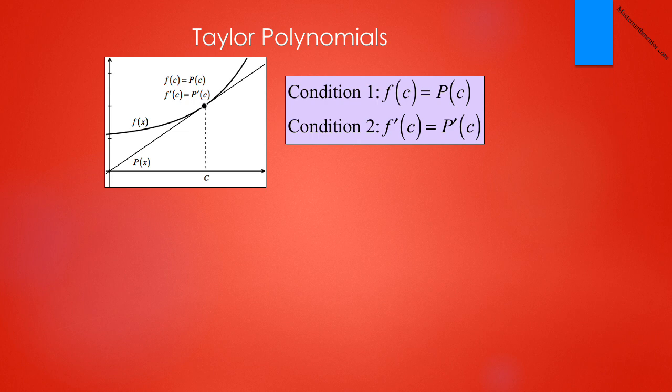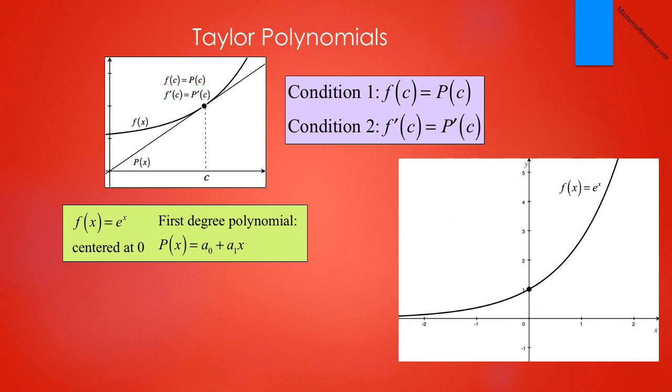In addition, at c, the derivatives, the slopes of the tangent lines of the two functions, must be the same. That is, f prime of c is equal to p prime of c. If that is true, we say that the approximating polynomial p is expanded about, or centered at, c.